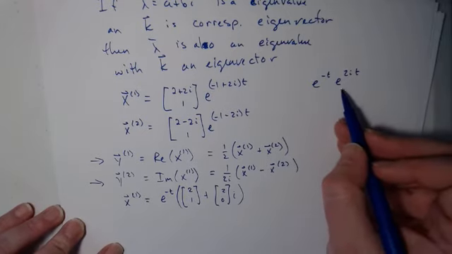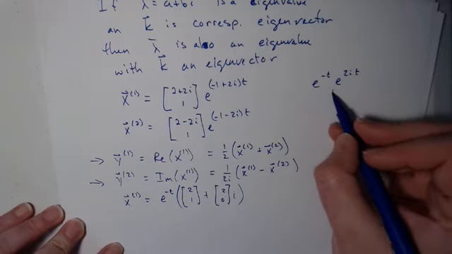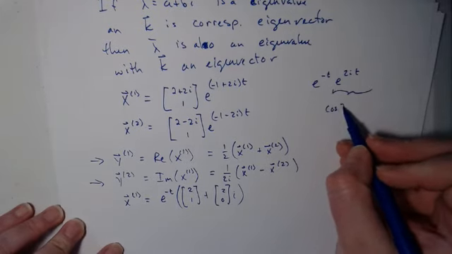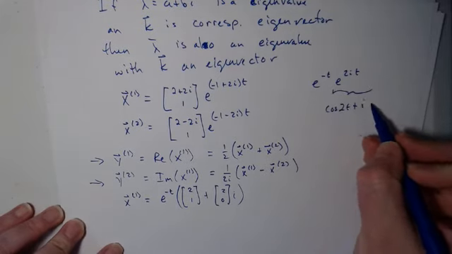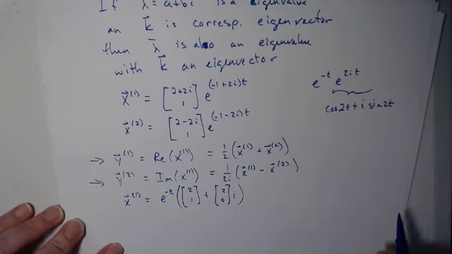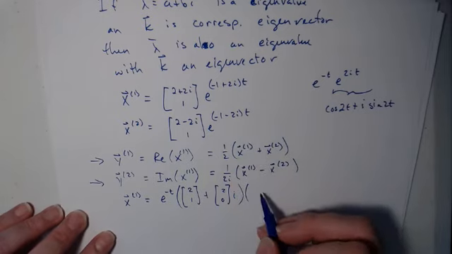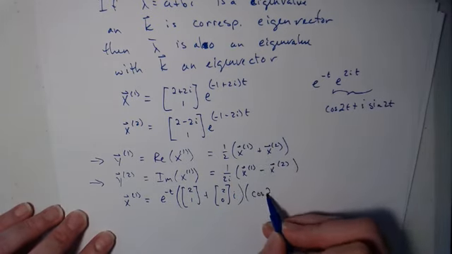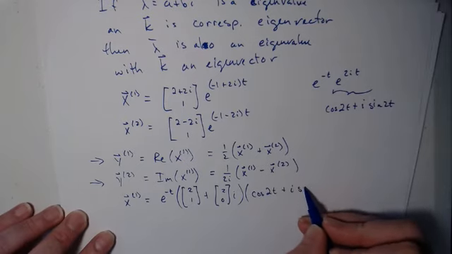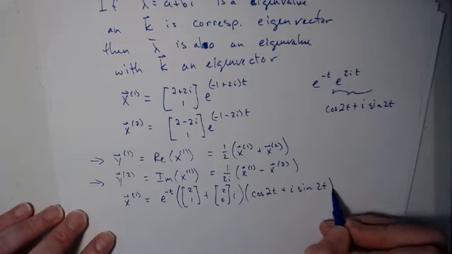Remember, e to the 2it can be split into cosine 2t plus i sine 2t. I've already pulled the e to the minus t out front, and here's the cosine 2t plus i sine 2t.